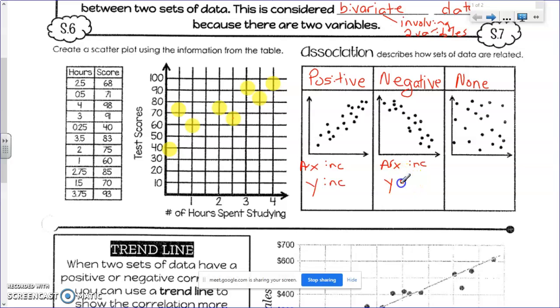So it is decreasing. Here there's no relationship between x and y. Does that make sense?